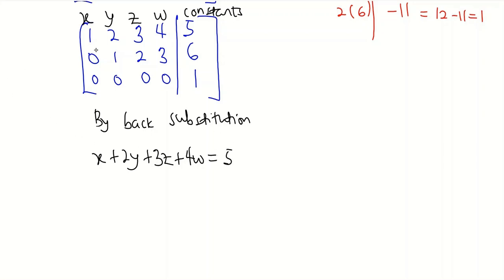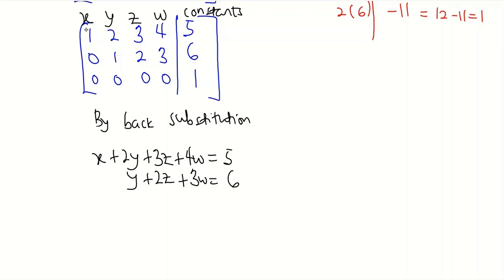And then we can continue. 0 times x gives us 0, and we can ignore that one, and we know 1 times y gives us y. 2 times z gives us 2z, and then 3 times w gives us 3w. Now it's equal to the constant 6. 0 times x.